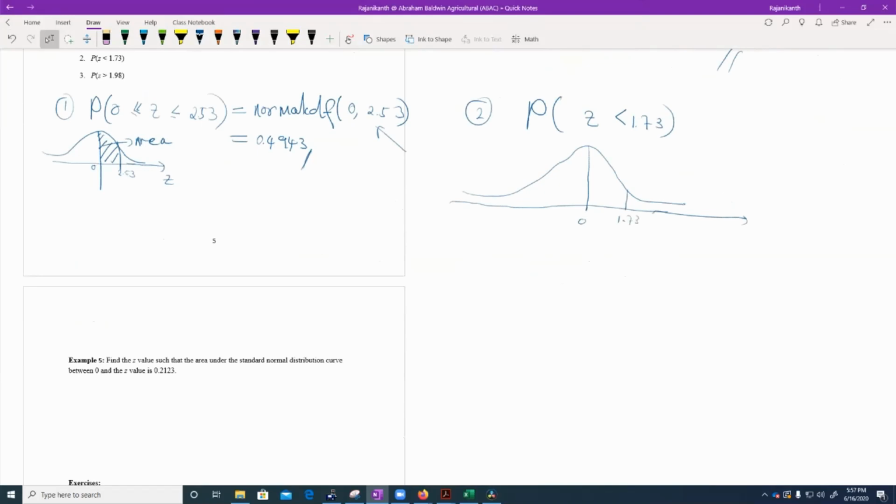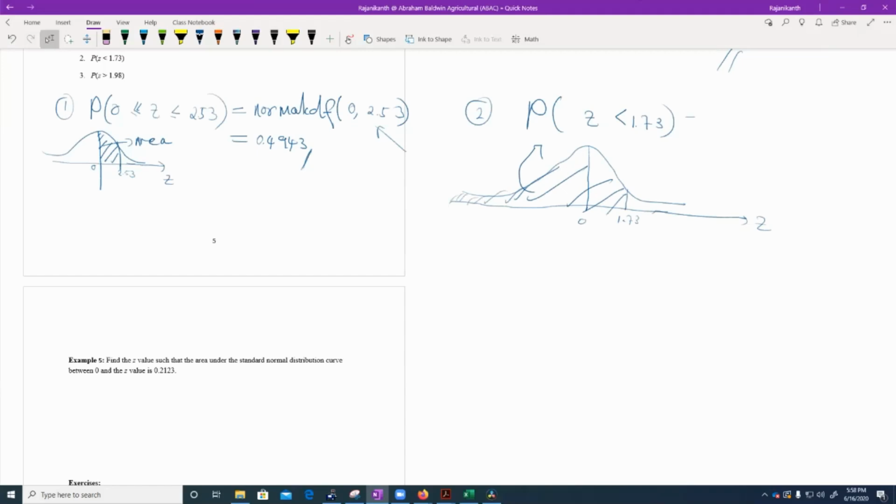But now you need to find the area. The area is any corresponding z value which is less than 1.73. So less than 1.73 is the left side of 1.73. That means all this region is going to be my region. So this is the corresponding region. So find this area, that is basically this one.